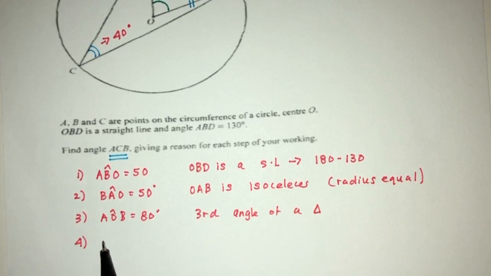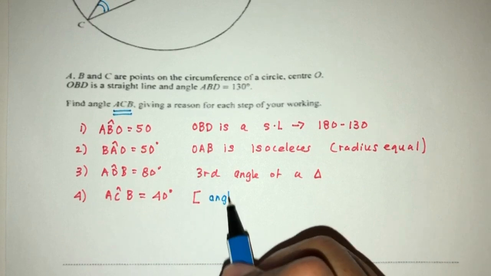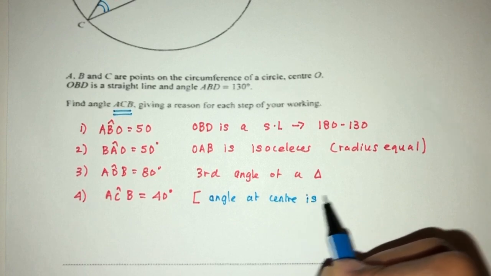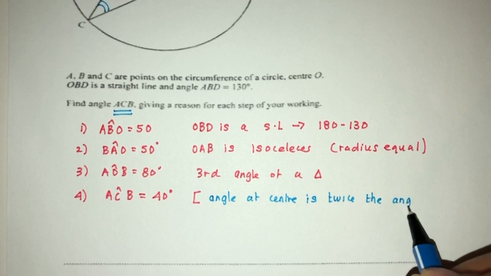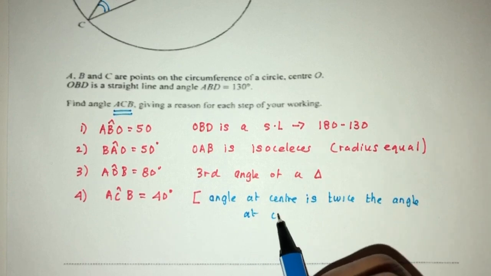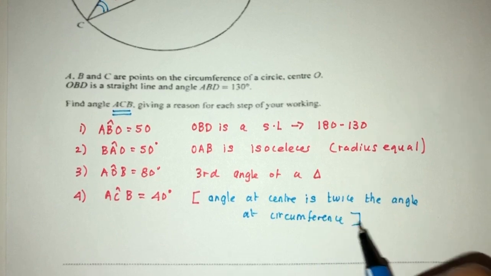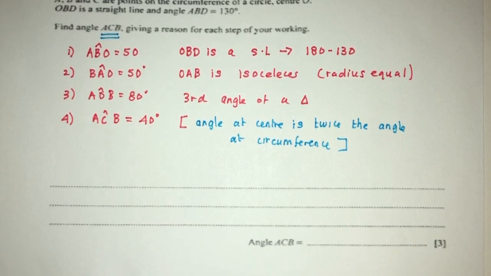Number 4, we conclude the angle ACB has to be 40, because we have to know this theorem, which says that the angle at center is twice the angle at the circumference. So these are the points you may mention for your 4 marks. That will be your question part A.